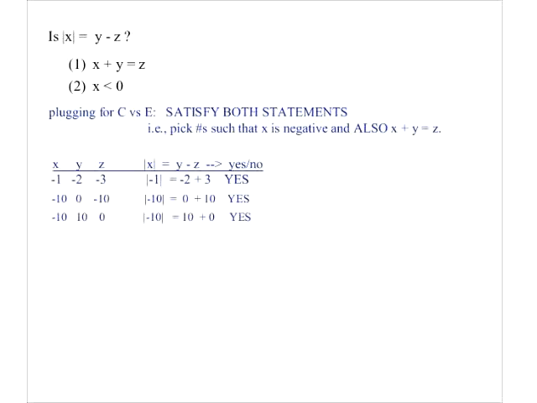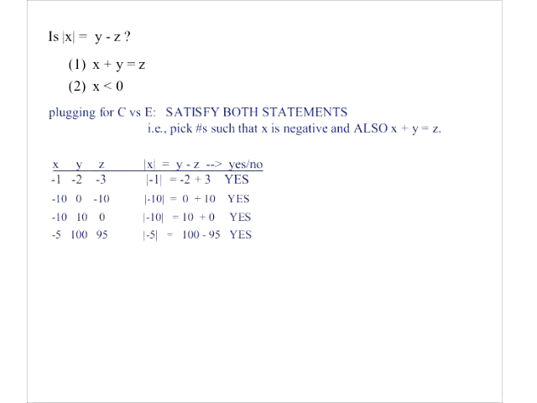So, we're trying to get all the possibilities here of these different things, positives, negatives, and so on. What if we had negative 5 and 100 and 95? So is the absolute value of negative 5 equal to 100 minus 95? So that would be a yes.